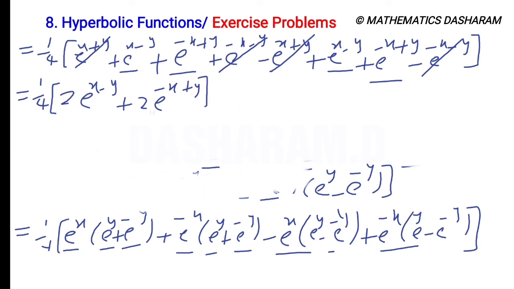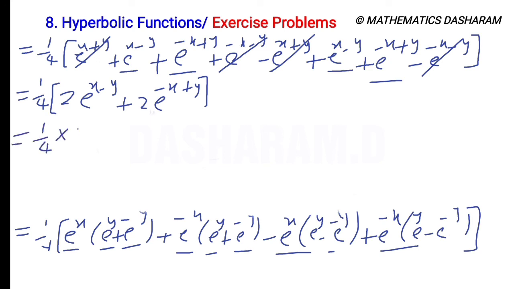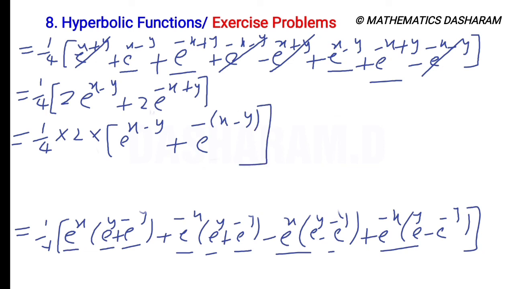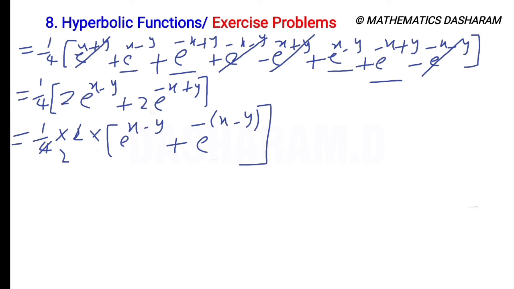So now take the 2 common. 1 by 4 into 2 into e^(x-y) plus e^(-(x-y)), taking the minus common. 2 ones are 2, 2 twos are 4, so it is equal to (e^(x-y) + e^(-(x-y)))/2.